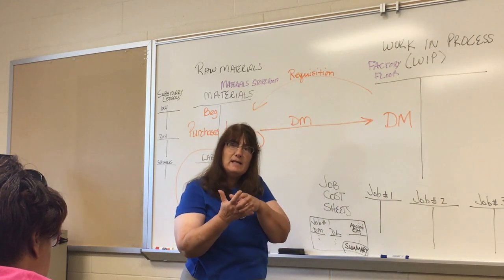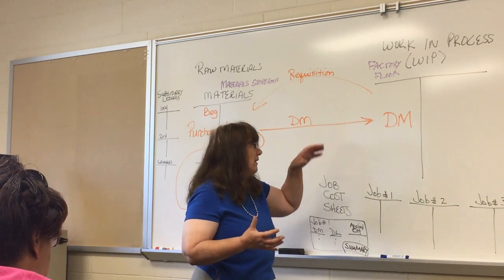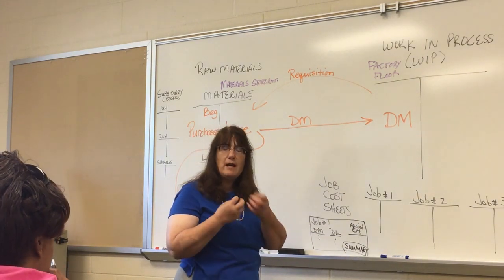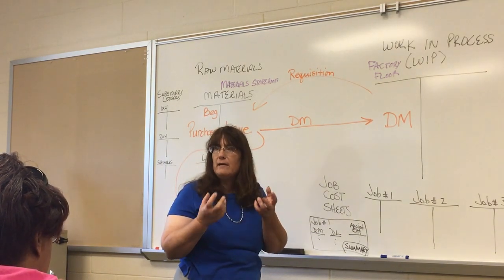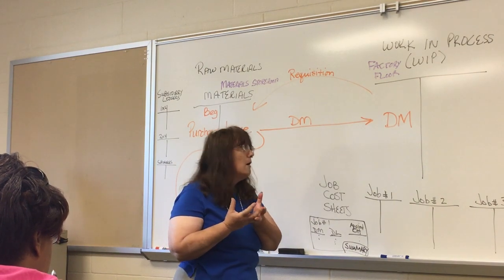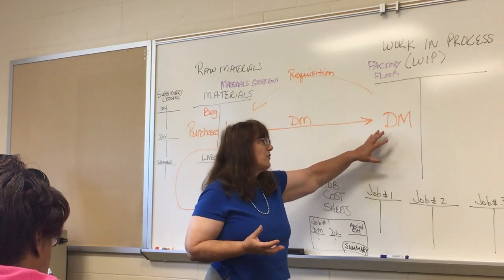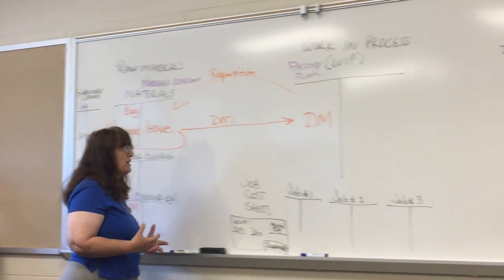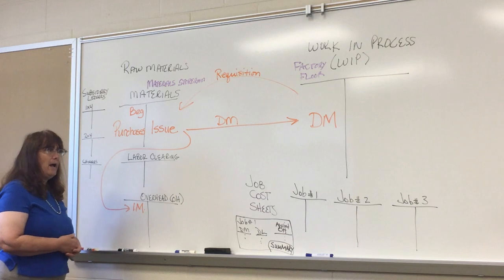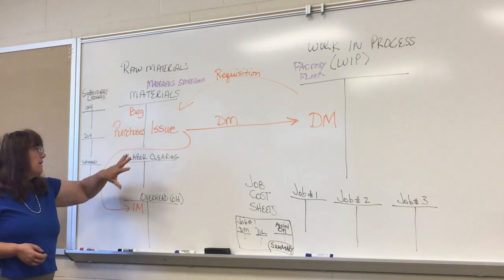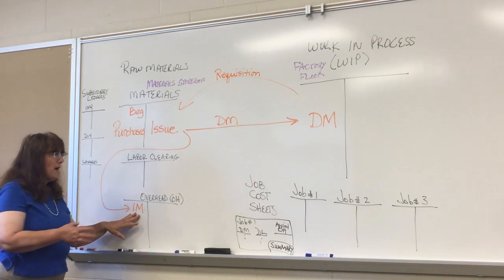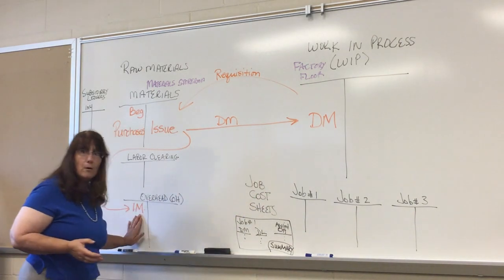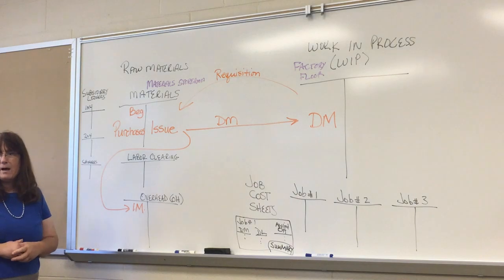I cannot trace exactly which nails got put in job 1. Also, things which tend to be a real low cost, like nails, would be a very low cost item. So those kinds of things that are low cost and/or untraceable become indirect materials, and we run those through overhead. Eventually, they're going to get in work in process too, but they just go a roundabout way to get there.